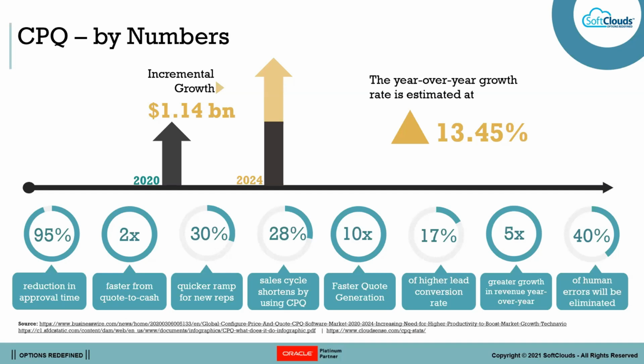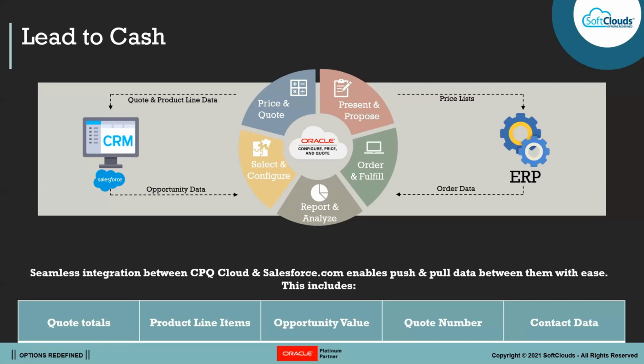The sales cycle can be shortened by about 28% using CPQ. You get faster quote generations, higher lead conversion rate, and about 40% of human errors will be eliminated by using a platform like CPQ.